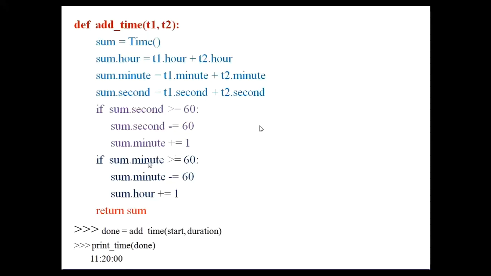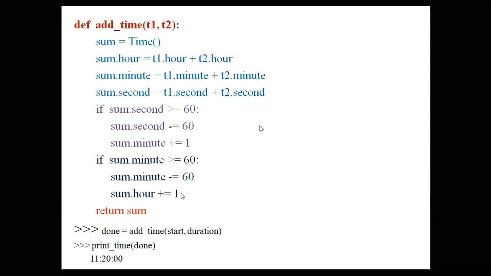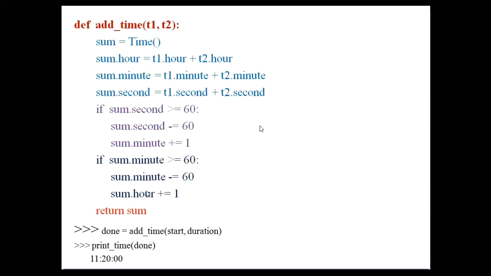Similarly for minutes: if the minute field contains 60 or more, we subtract 60 from it and add one to the hour attribute of object sum. Finally we return the result, that is object sum.